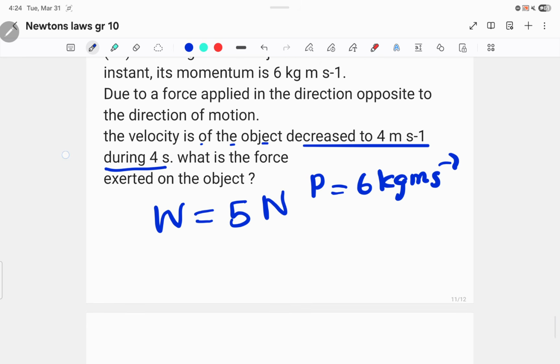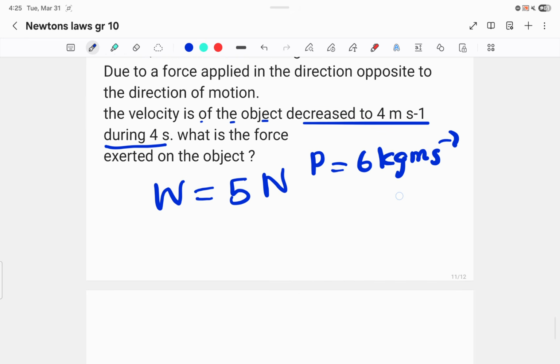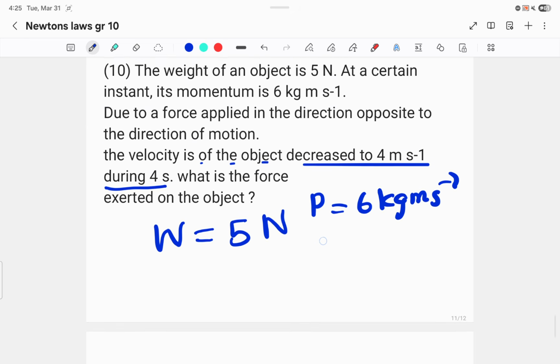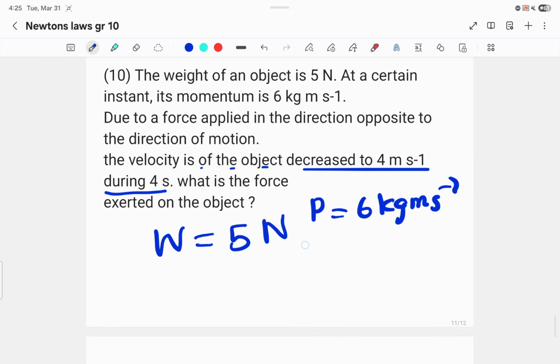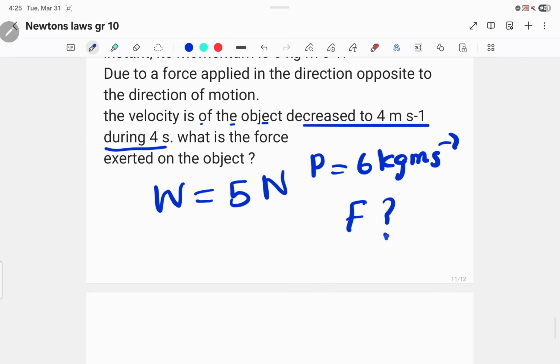Okay, velocity is decreased to 4 meters per second. The initial one is not given. What is the force exerted on the object? We are asked about force.